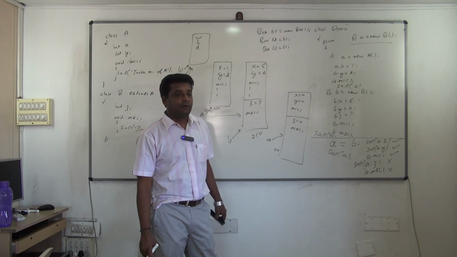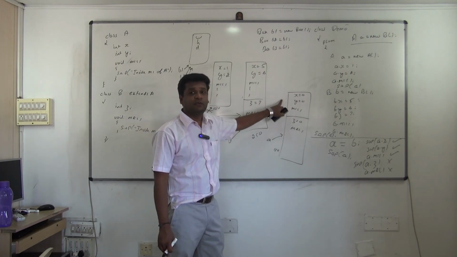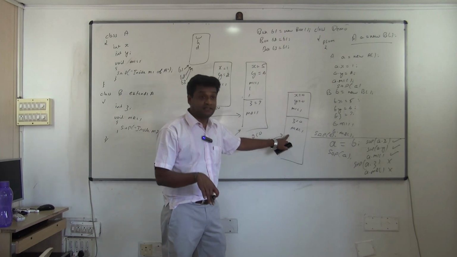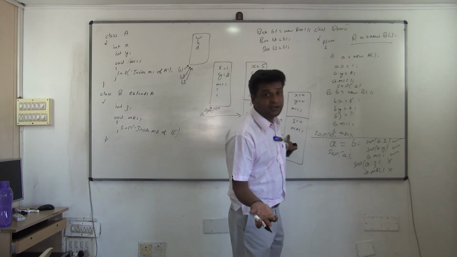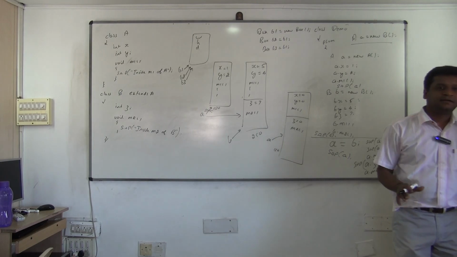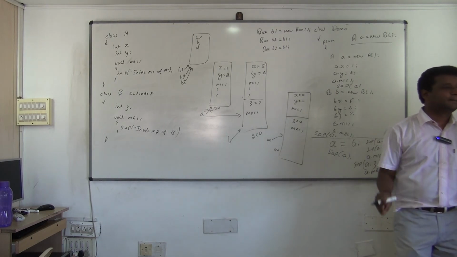Highly valid. But with A, I can access only 3 members. Which 3 members? X, Y, M1, that's all. Z is present, M2 is present, but I can't access. See, presence is different, accessing is different. Even though the subclass members are present, I can't access because I am using superclass reference variable.